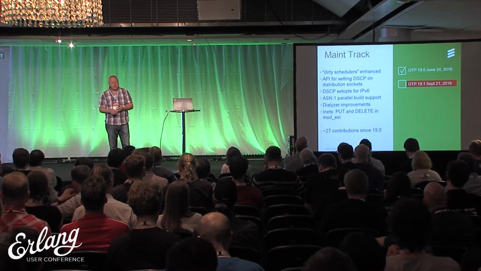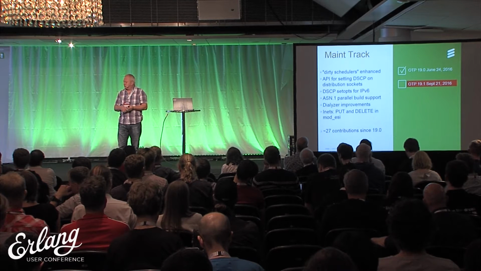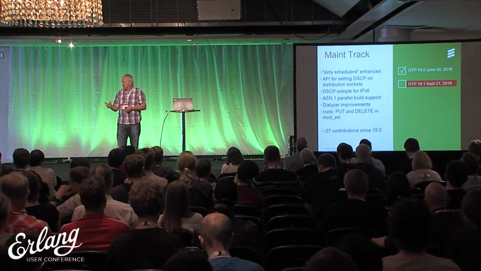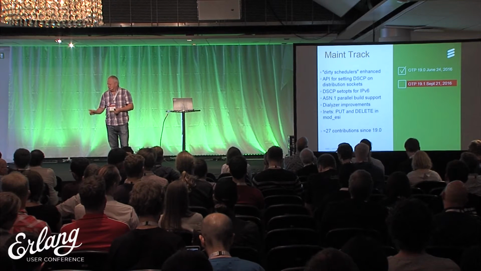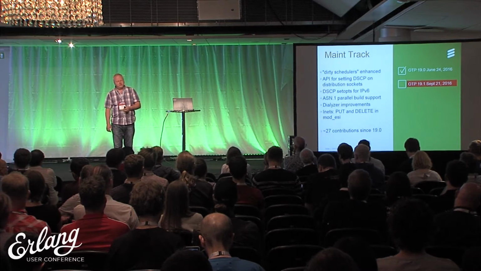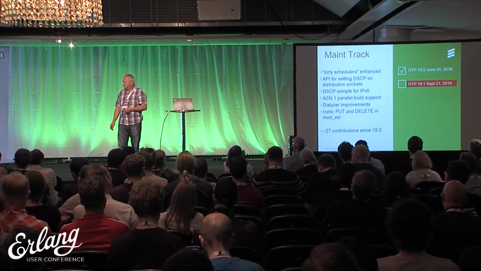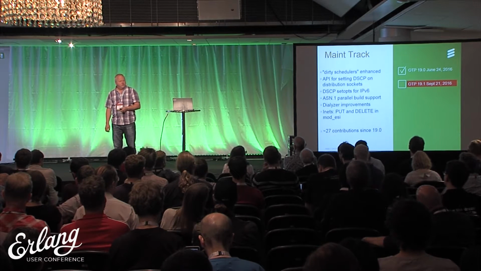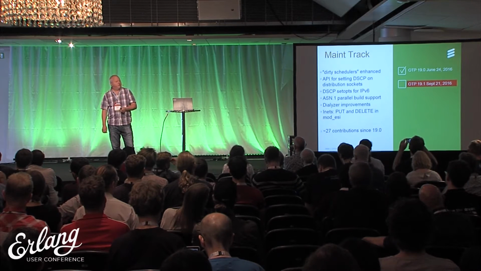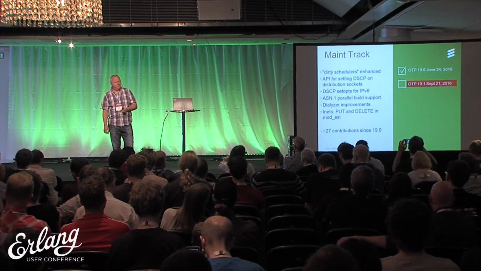So then in this maintenance track, the next upcoming release is 19.1, and I have some points that I can mention here. You know about the dirty schedulers, perhaps. Some enhancements in that area, for example, regarding code loading and unloading of code, which could go quite bad before.